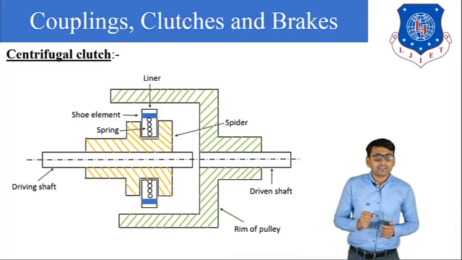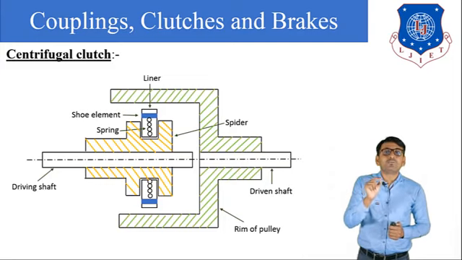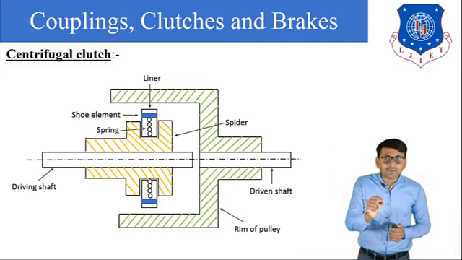And the second case, when centrifugal force is equal to or less than spring force, then the spring does not expand. So there is a disconnection between the liner element and the rim of the pulley.